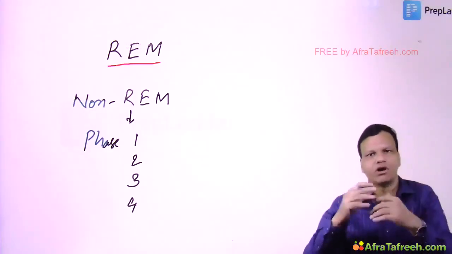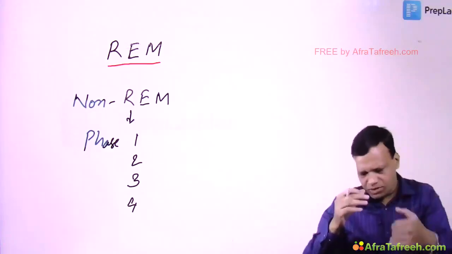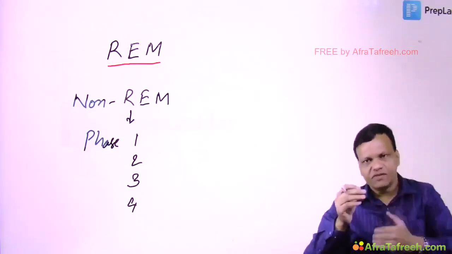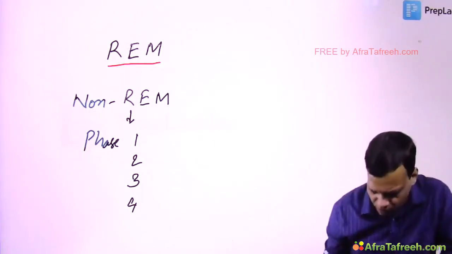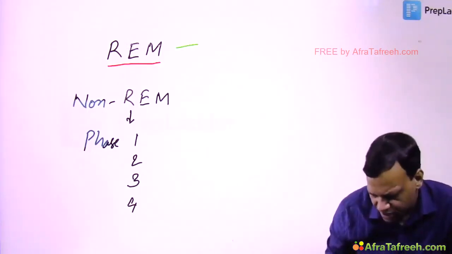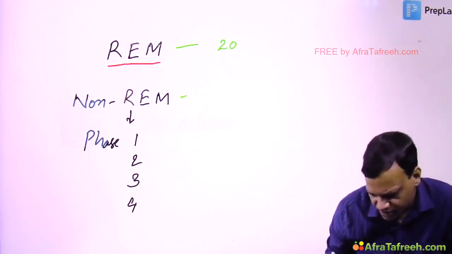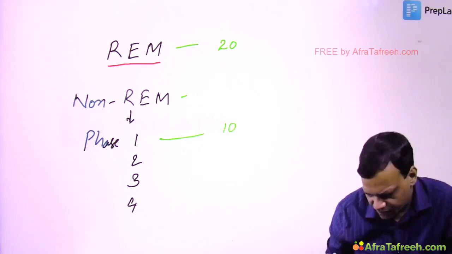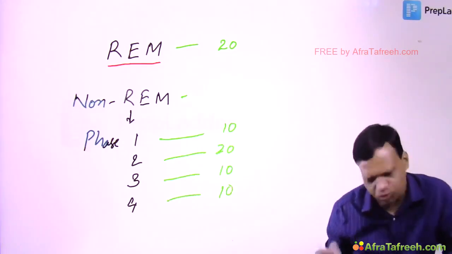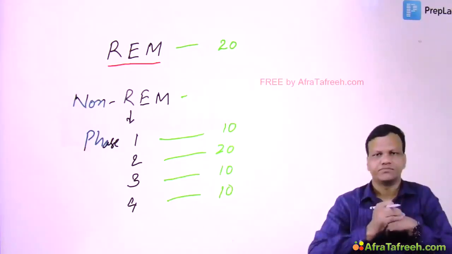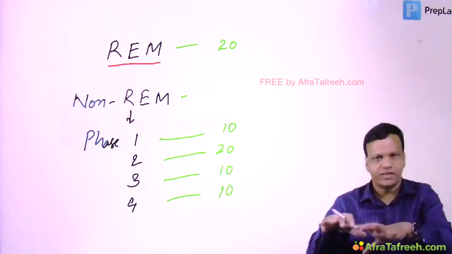Whereas non-REM is not remembered. Now coming to our main point, these different phases of the sleep have some fixed duration. So hypothetically assuming, suppose REM phase lasts for 20 minutes, phase 1 sleep lasts for 10 minutes, phase 2 for 20 minutes, phase 3 for 10 minutes, phase 4 for 10 minutes. Hypothetically assuming, whatever I have written is not important, these are not the right values also.